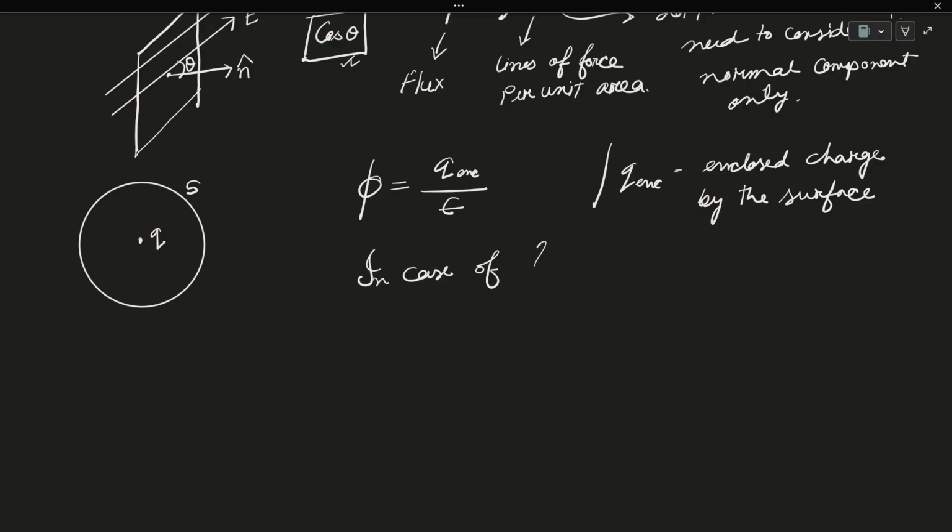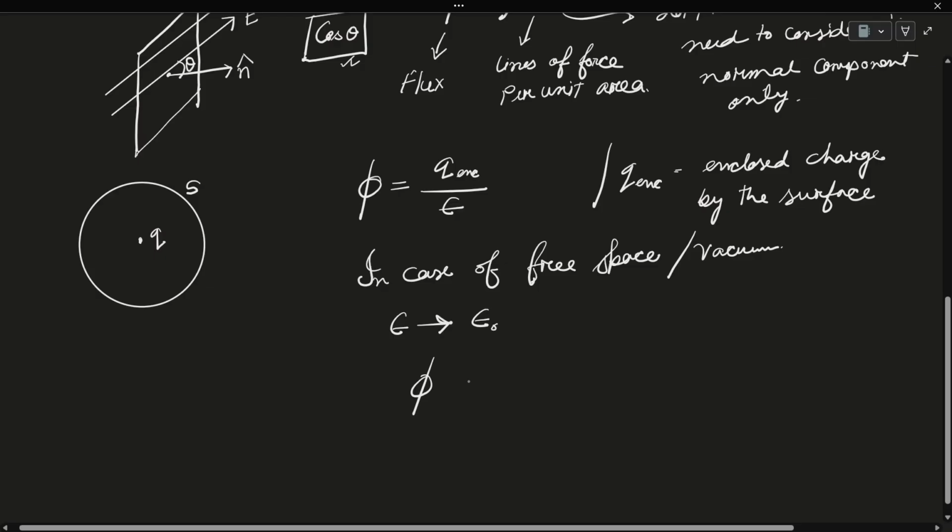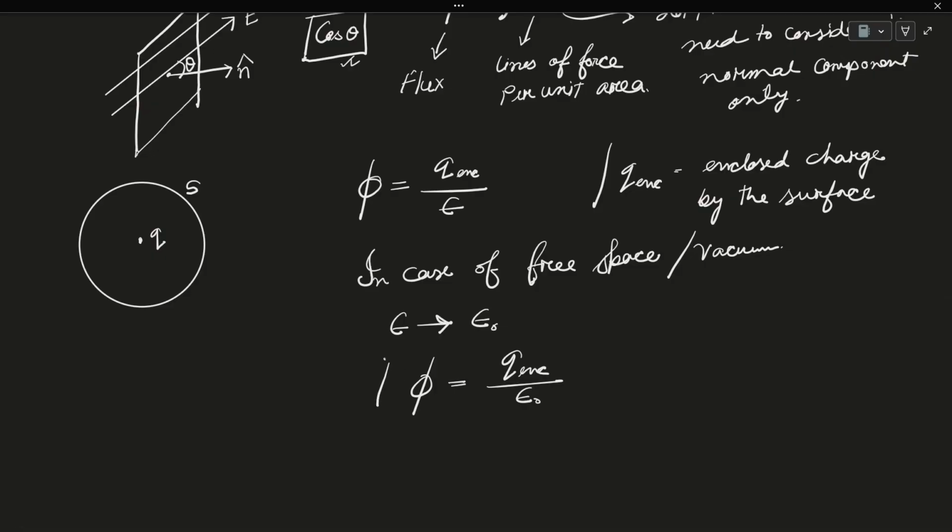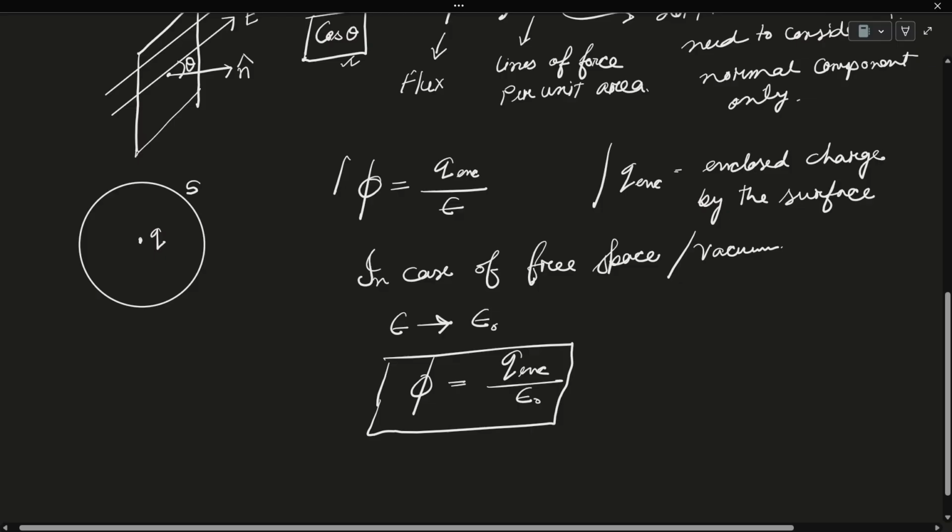In case of free space or vacuum, this will be epsilon naught. Then flux will be Q enclosed divided by epsilon naught. This is the Gauss law.